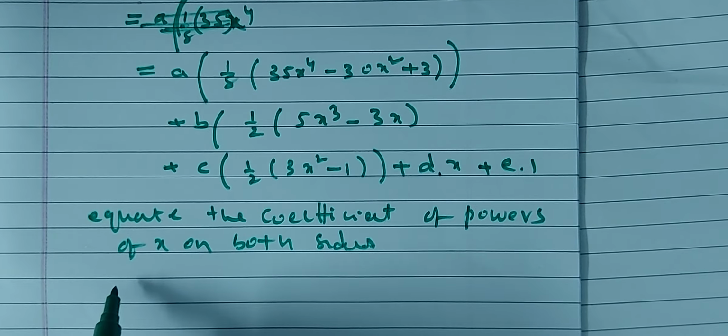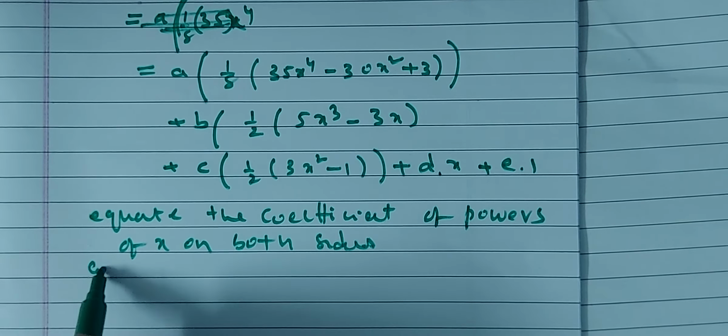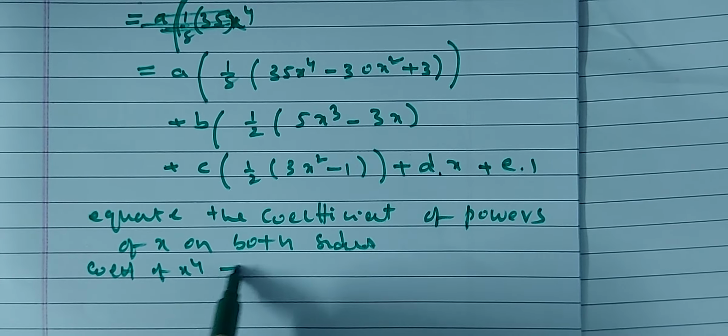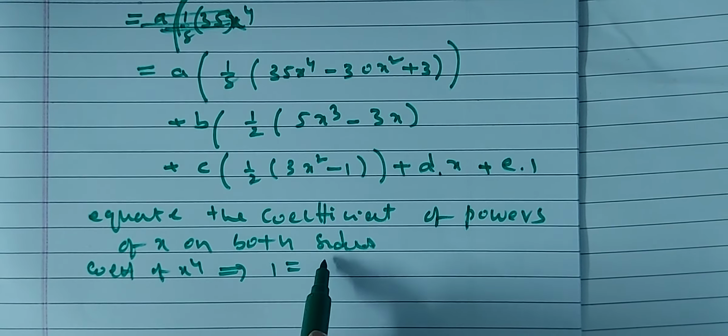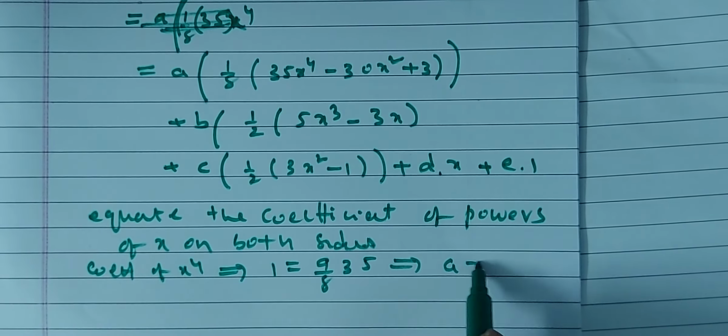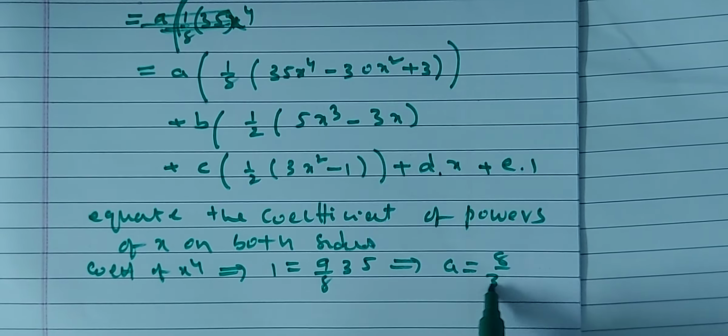Coefficient of x power 4 implies 1 is equal to a by 8 into 35, implies a is equal to 8 by 35.